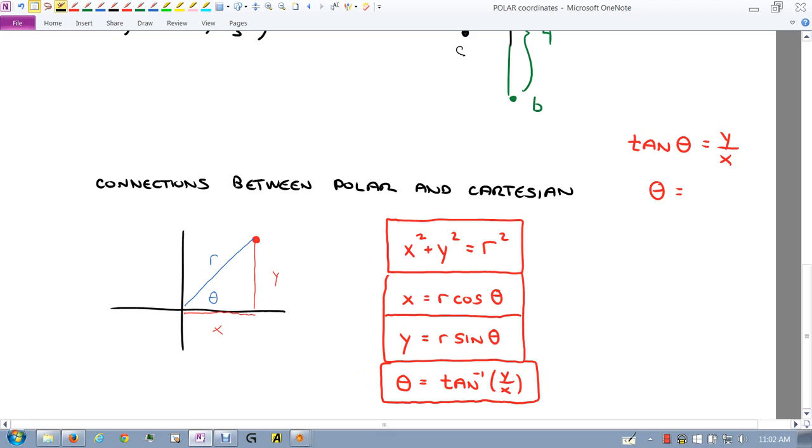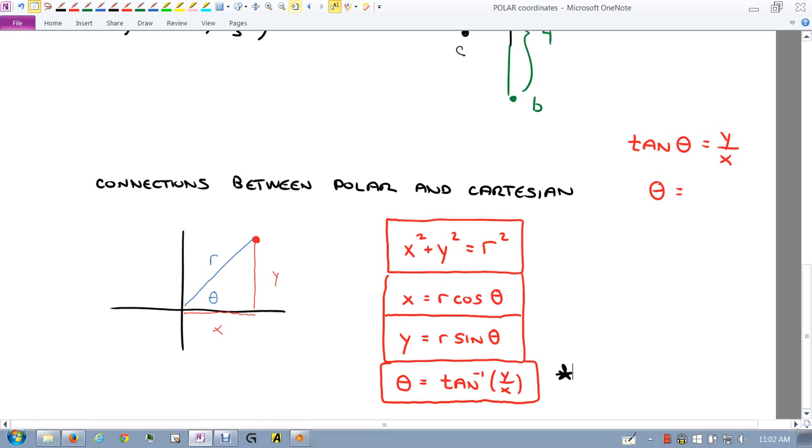I'll put a little star next to it, because we know that there are some domain restrictions on arctangents, right? So when we go back and try and recover an angle, sometimes we'll have difficulty because we need to actually determine what quadrant we're in, all right? Okay, so those are your conversion equations. That's how you could get from polar to Cartesian or back from Cartesian to polar.